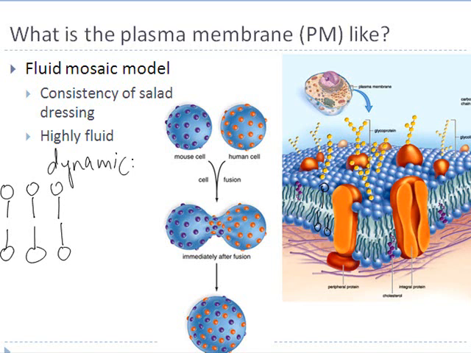The texture of the plasma membrane is like that of a balloon, and the consistency is that of a salad dressing. If you take a pan of water and drop some oil droplets on it, or add soap, you can imagine soap water or oil water, and you can see the floating texture that you get.